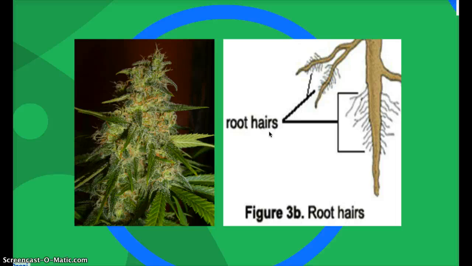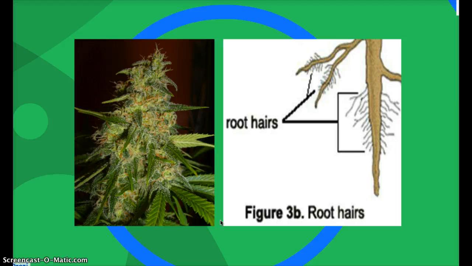Kind of looks a little bit like water droplets, but they're actually the trichomes. And in the picture to the right, my apologies, we see a diagram of root hairs. And the root hairs increase root surface area, used primarily for the absorption of the plant.